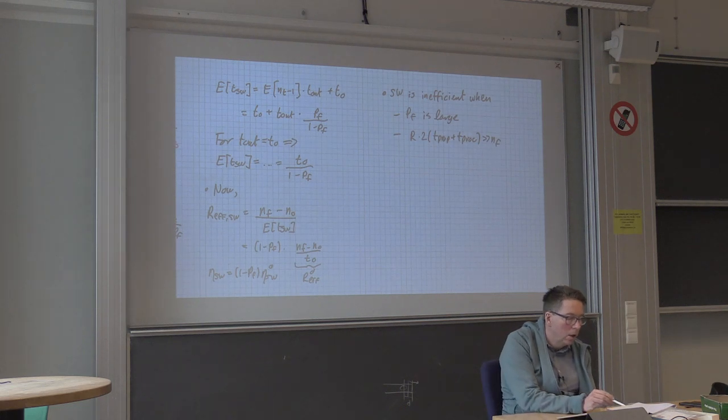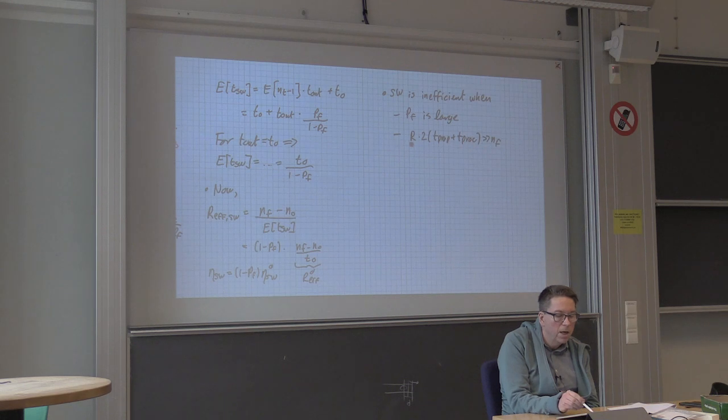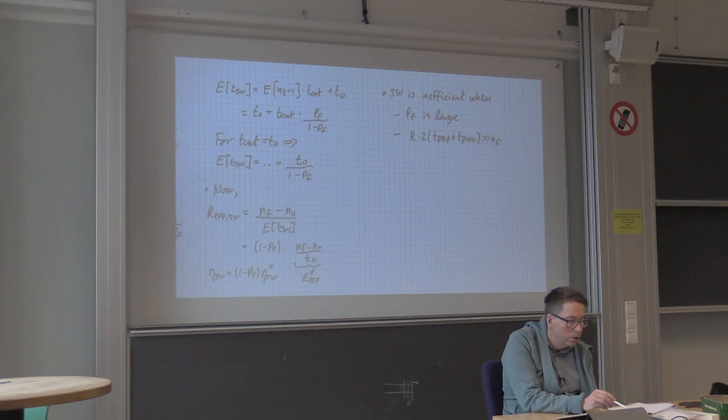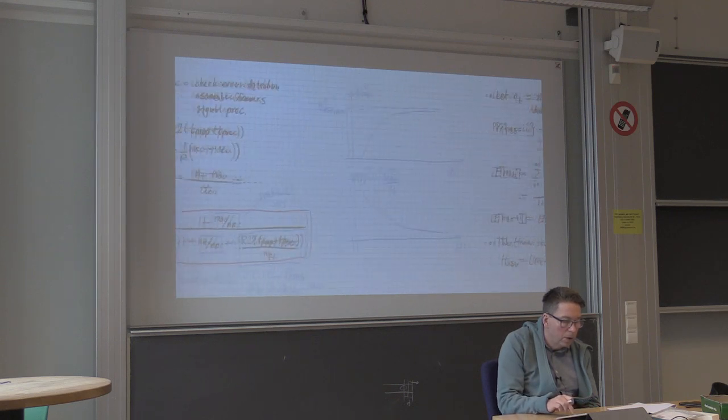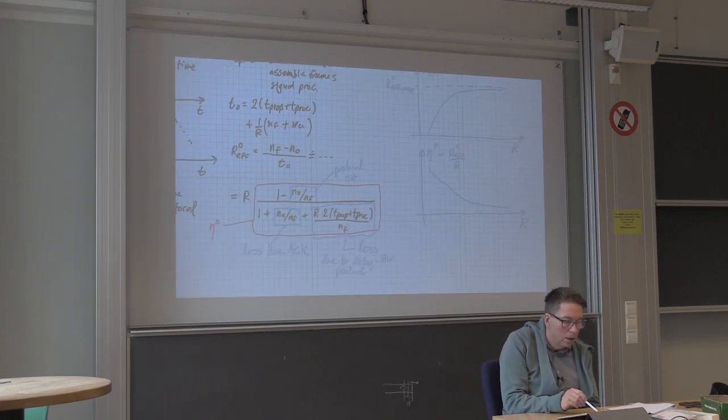Okay. So this last equation came from the efficiency of stop and wait when we had 0 errors. So if we just go back to see where this comes from, it comes from this term, right?